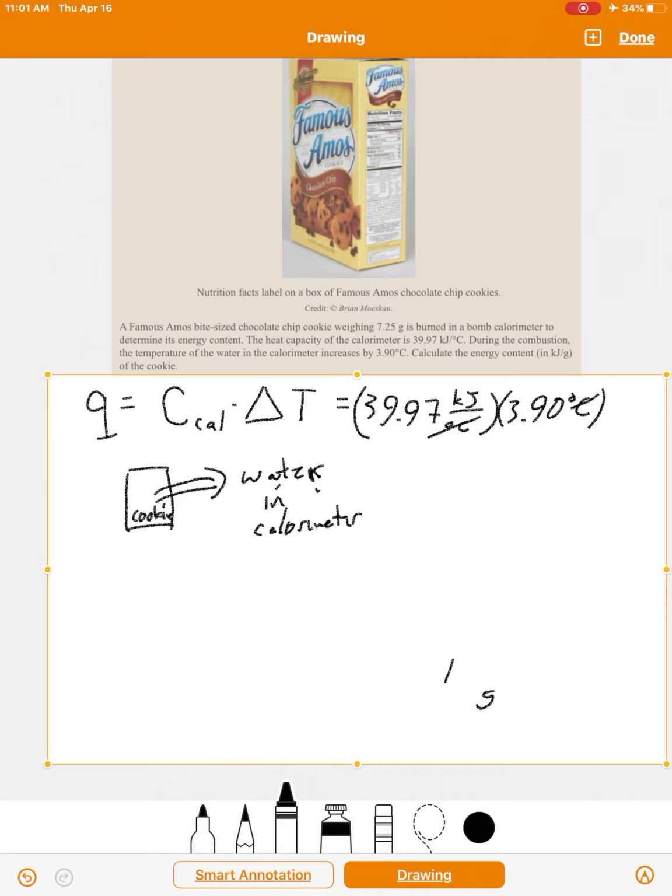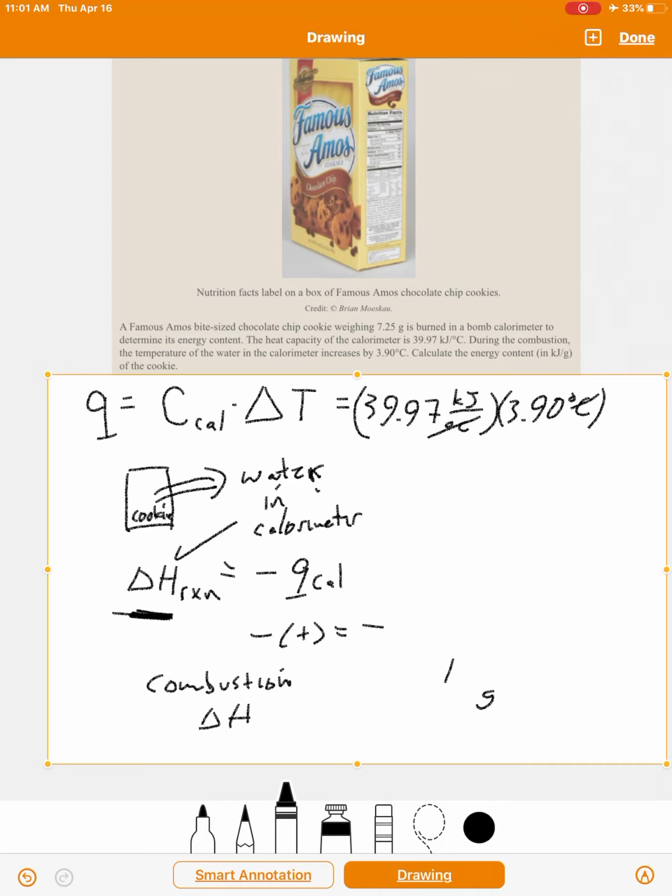So that means the cookie is losing energy as you combust it. It's going out to heat up the water. So the delta H of reaction would be the negative of the heat of the calorimeter. The calorimeter is absorbing heat, so you get a positive value, which is what we got in our result. But we should point out the heat of reaction is actually negative, right? The negative of a positive is negative. So this is a negative value because it's a combustion. Combustion, delta H is negative.